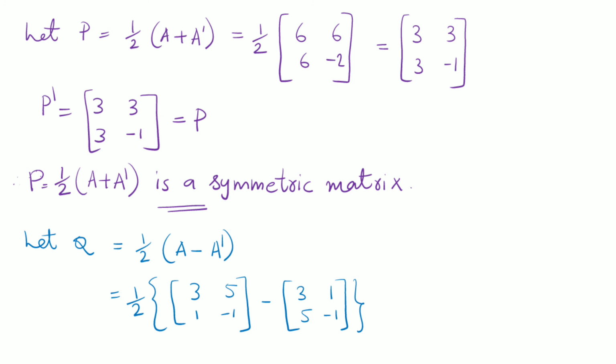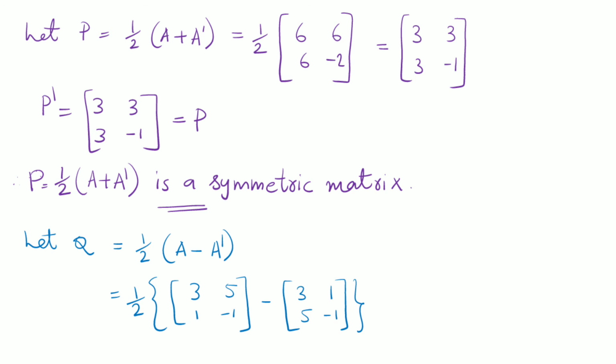So 1 by 2 into 6, that is 6 by 2, is your 3, and then 1 by 2 into 6 is also 3. 1 by 2 into 6, again 3. 1 by 2 into -2, -2 by 2 is always -1. So you got the answer for P as 3, 3, 3, minus 1.